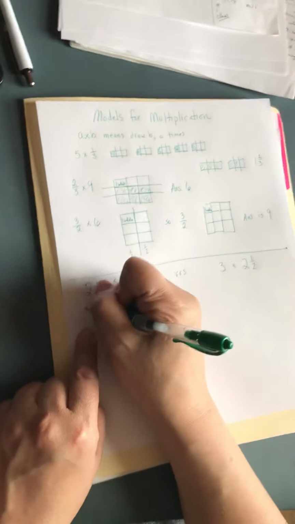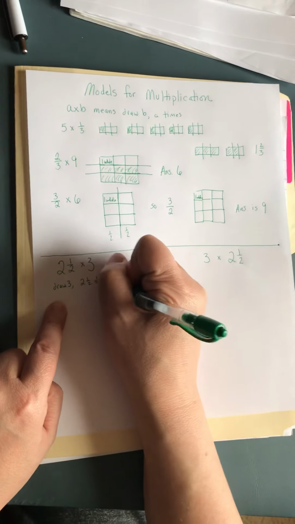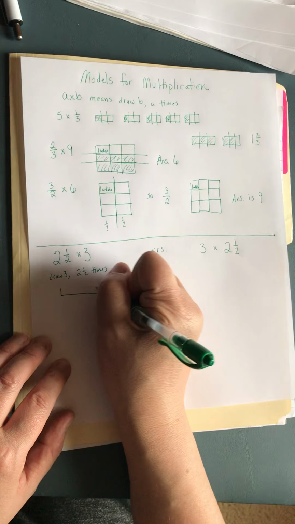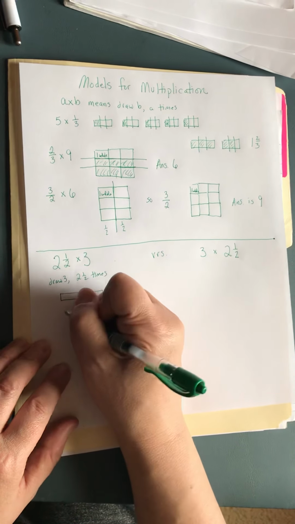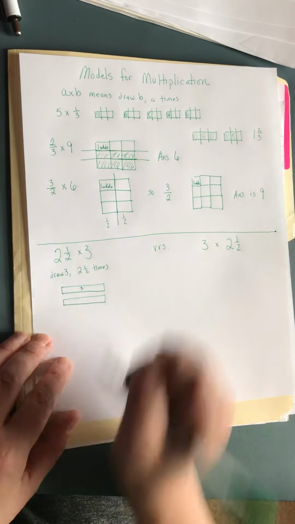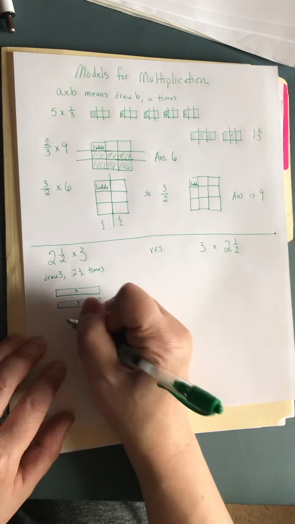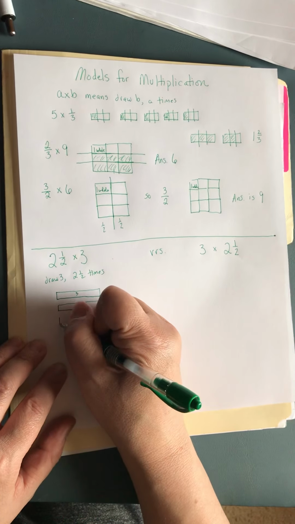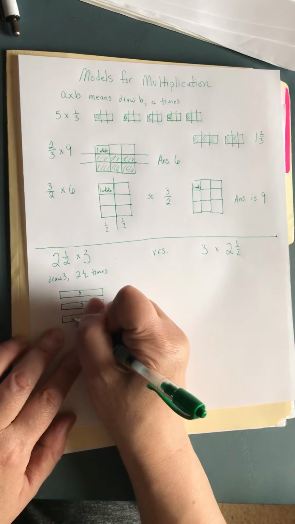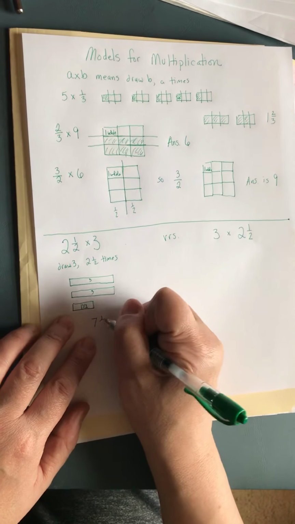The first one means draw 3, 2.5 times. So I'm going to call this 3, and I'm going to call this 3. That represents 3. 2.5 times, well, if that's 3, what's this? Half of 3 would be 1.5. So I can see that this is 7.5.